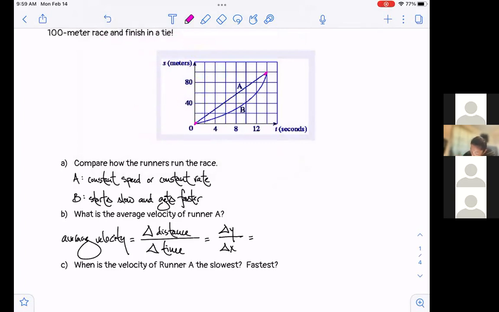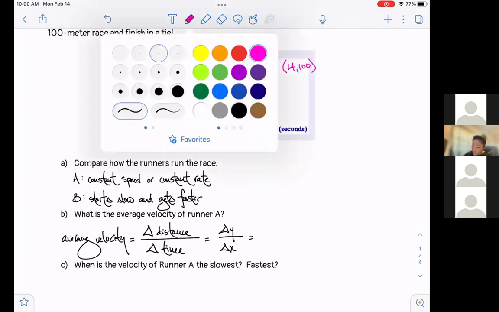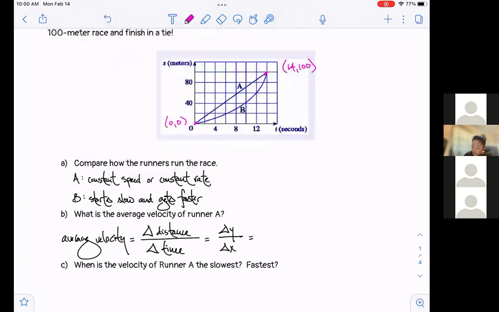We've got 0, 0 here, and we've got 14, 100 over here. If we put those into x2 minus x1 on the bottom and y2 minus y1 on the top, we're going to get 100 minus 0 over 14 minus 0.